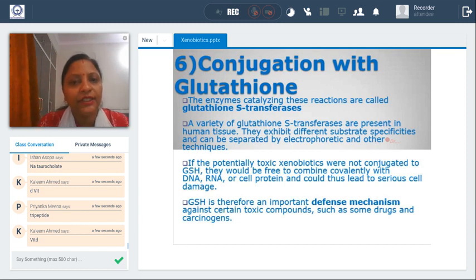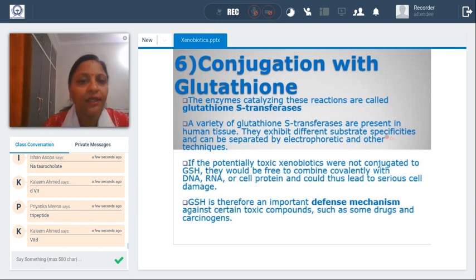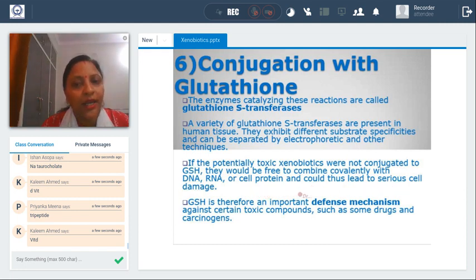The enzymes catalyzing these reactions are called glutathione S-transferases. A variety of glutathione S-transferases are present in human tissue. They exhibit different substrate specificities and can be separated by electrophoretic techniques. If the potentially toxic xenobiotics were not conjugated to GSH, they would be free to combine covalently with DNA, RNA, or cell protein and could thus lead to serious cell damage or cell toxicity.